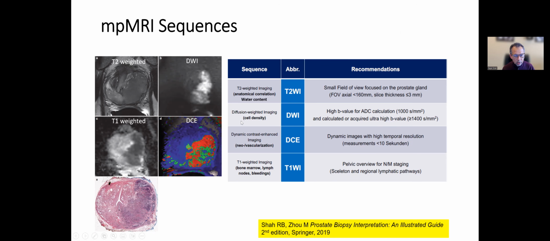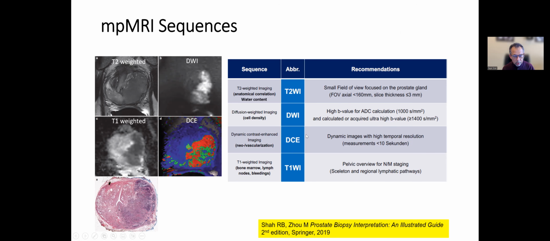The second important component is diffusion weighted imaging, which looks at the cell density, as shown here. So prostate cancer appears a lot more dense in diffusion weighted imaging. It has another parameter that they report based on the high b value called apparent diffusion coefficient, and I will talk a little bit about that in the next couple of slides.